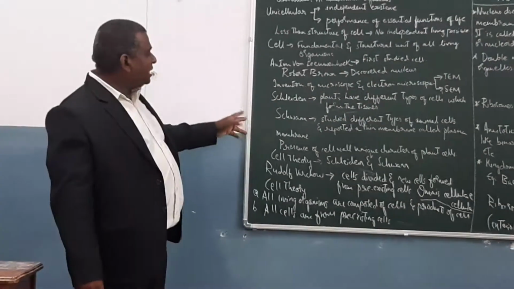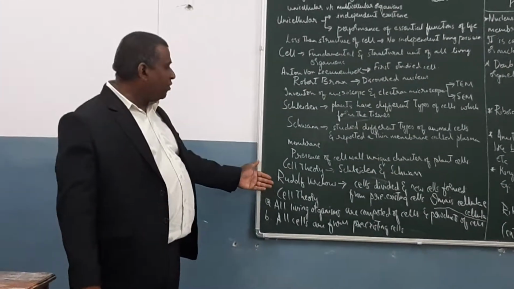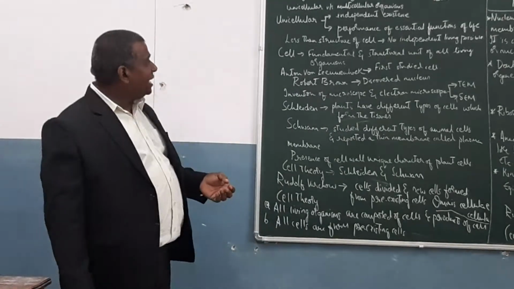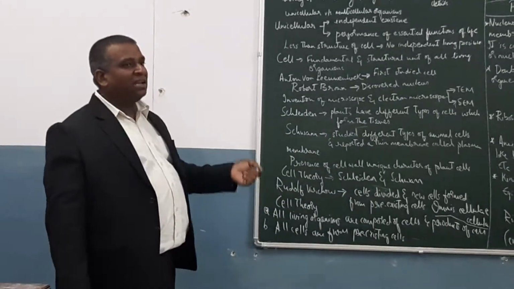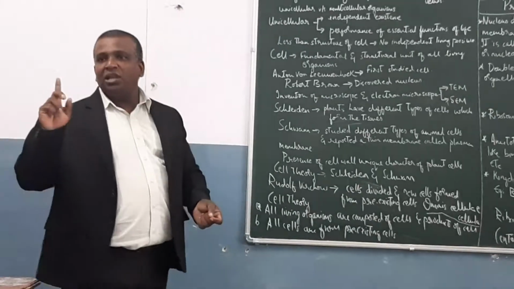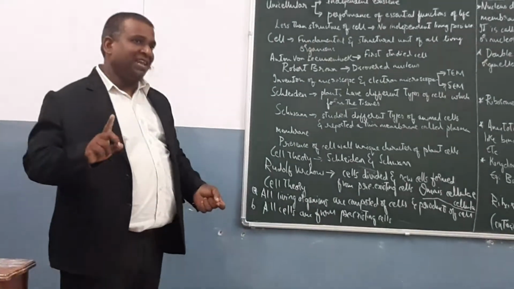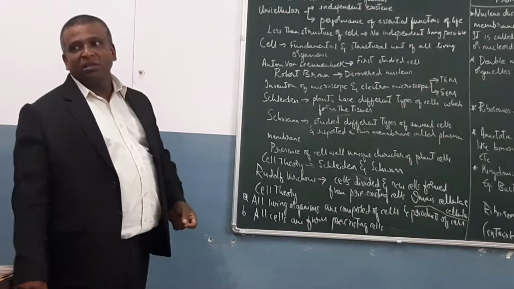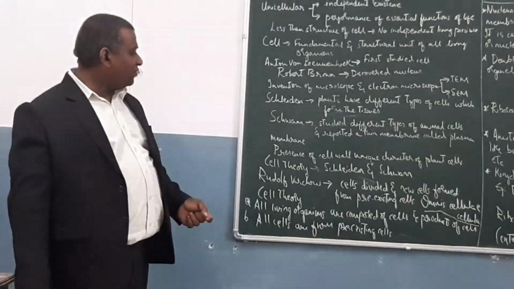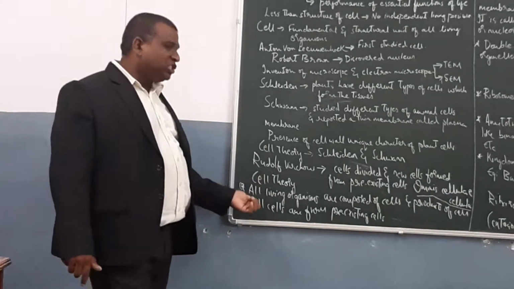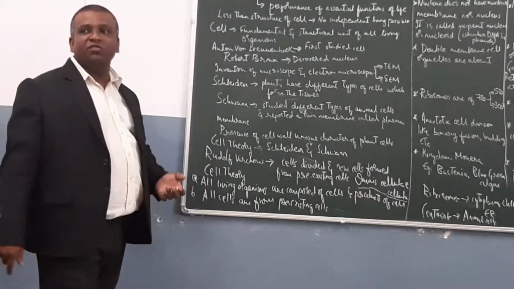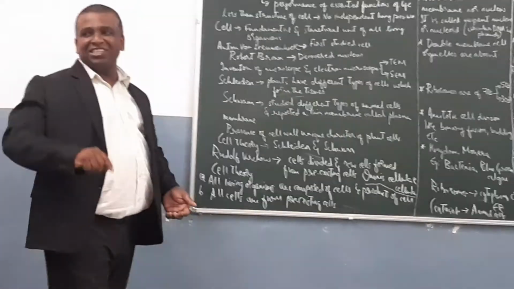Both Schleiden and Schwann got together and formulated the cell theory, which states that the fundamental and structural unit of all living organisms is the cell. Cells are independent in existence and perform essential functions of life. Rudolf Virchow described cell division and the formation of new cells from pre-existing cells.